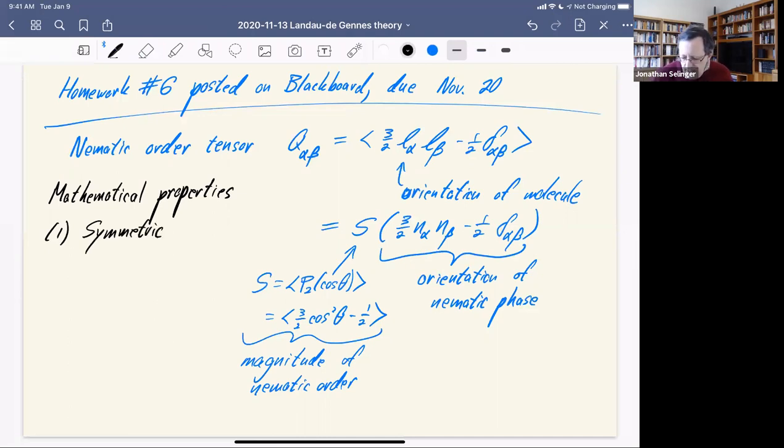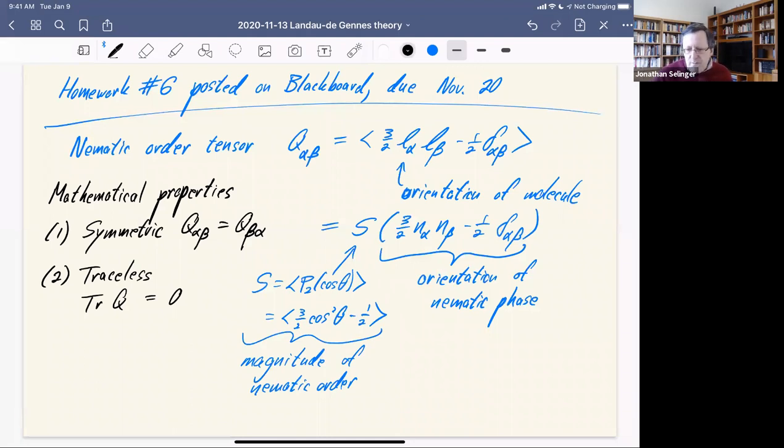That is to say that Q alpha beta is equal to Q beta alpha. So symmetric means symmetric under exchange of the two indices in the tensor. And another property is that it is traceless. That is to say, the trace of Q is equal to 0. And it is that way by construction.